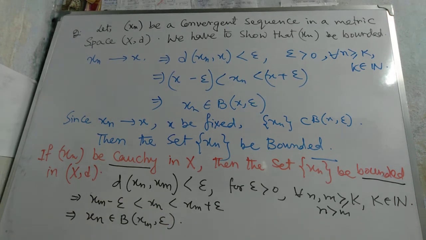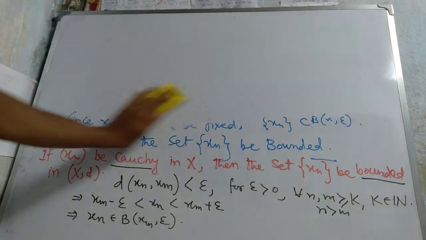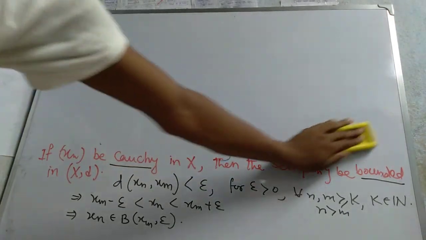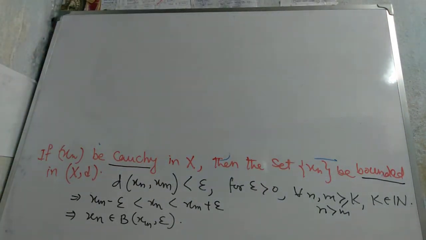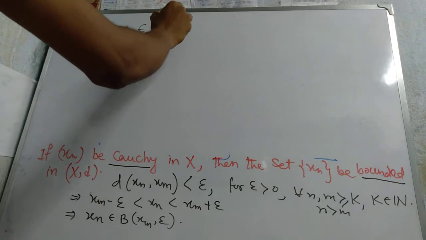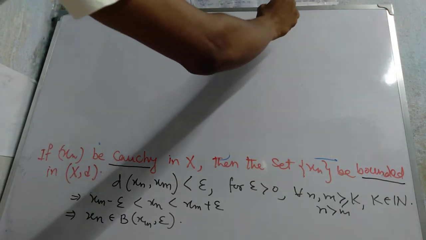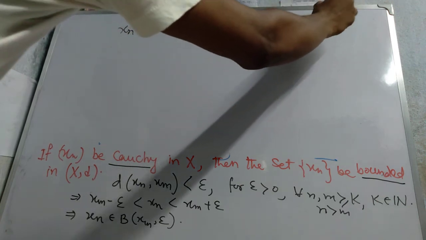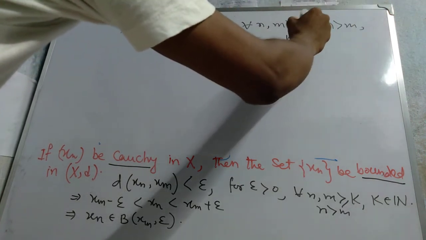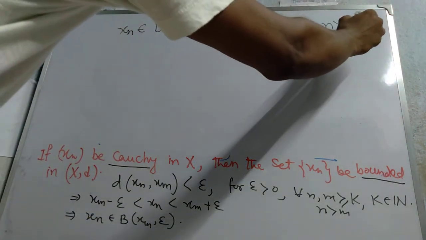Now for this one, xn belongs to B(xm, epsilon) for all n, m greater than or equal to k, n greater than m, and k belongs to N, and epsilon greater than 0.